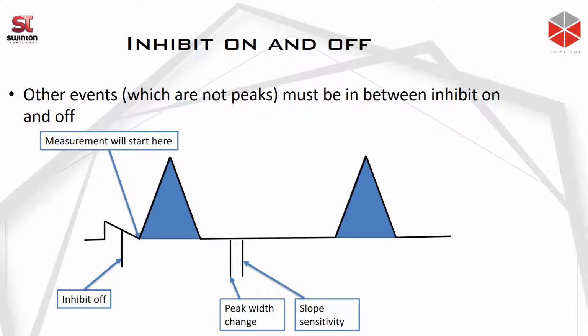Basically, if we have inhibit off over here, and then we get a peak, and we have a peak width change here and slope sensitivity there, what we want to do is put inhibit on and inhibit off as a window for the peak width and slope sensitivity to happen. So we want to have inhibit on and inhibit off in between those events. After the inhibit off, we can detect for the next peak again.